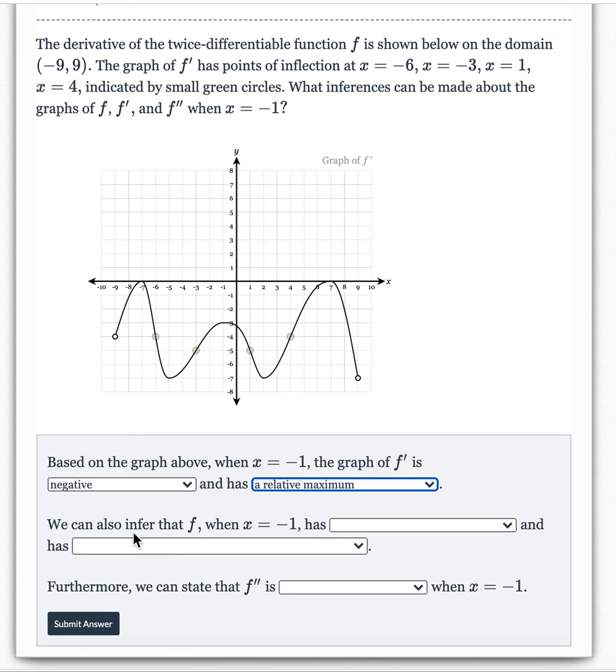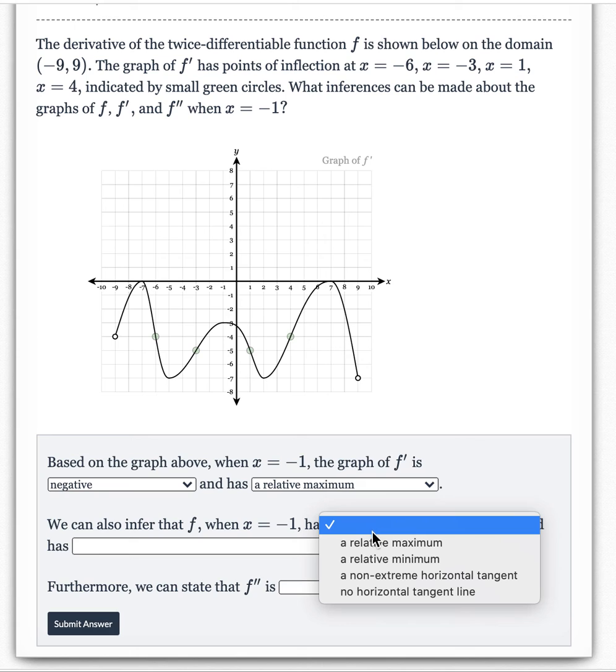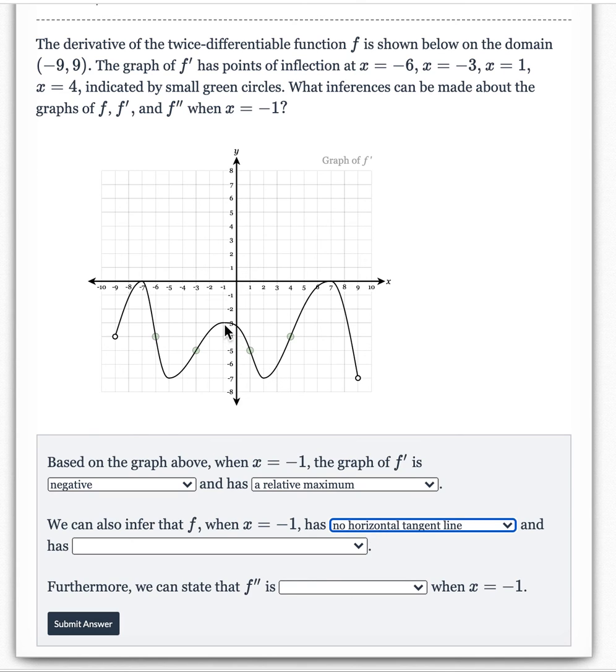We can also infer, going back to the graph of f, when x equals -1, there is no horizontal tangent line there. And how do we know that? Because slope is going from negative, increasing, to negative, decreasing again.